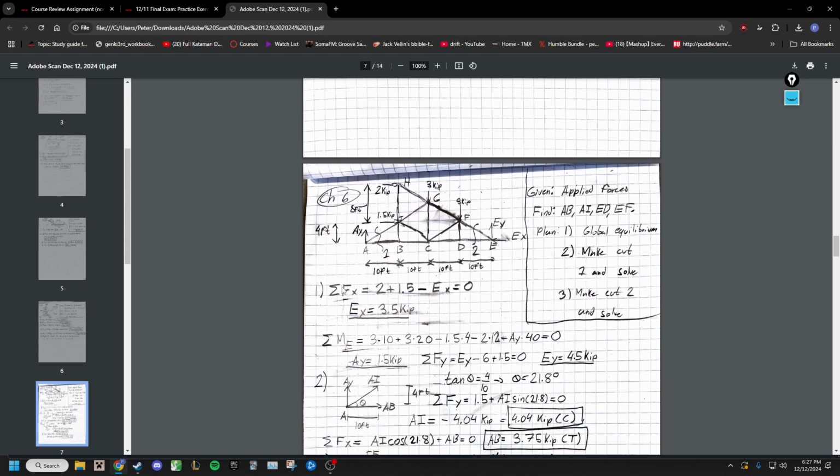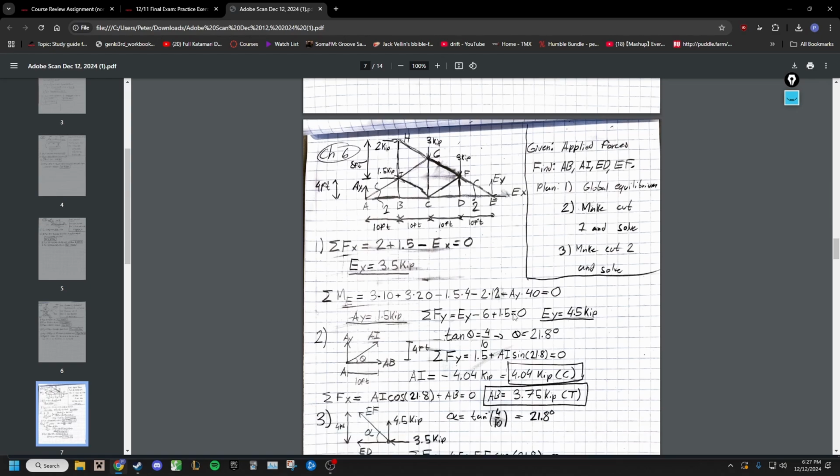We first do the sum of forces in x to find that E of x equals 3.5 kip. We'll do the moment about E, and we find that A of y equals 1.5 kip. And then we do the sum of forces in y, and we see that E of y equals 4.5 kip. And kip is 1,000 pounds. It's a very odd naming convention.